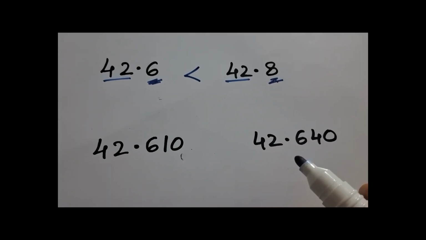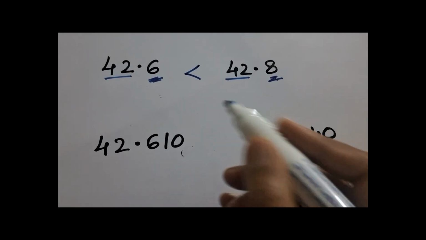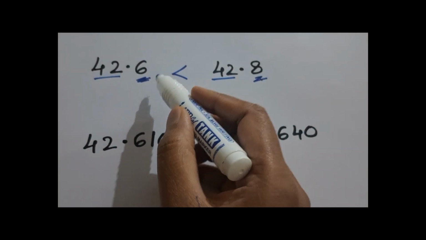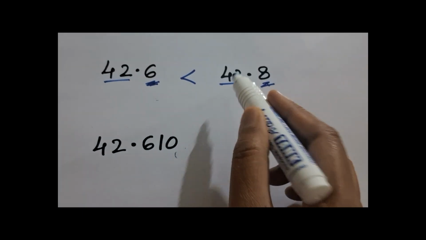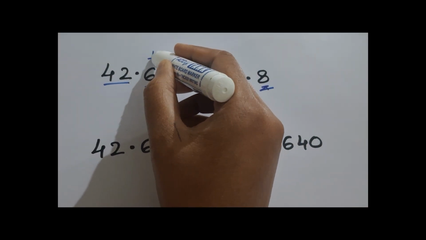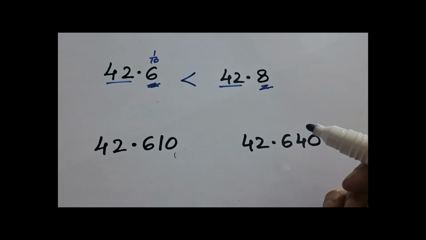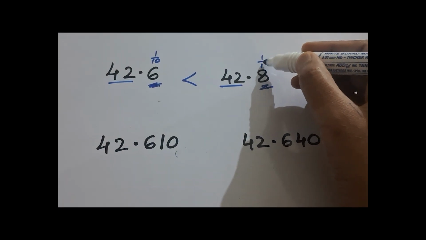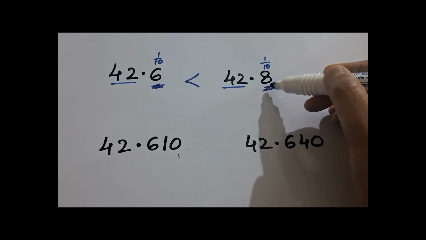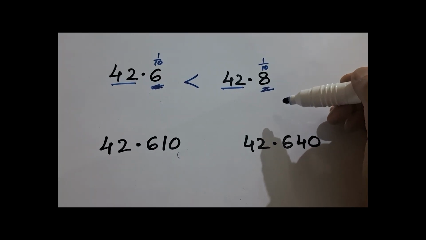Now let's take another example, children. In this previous example, if the whole numbers are the same, we have compared the one-tenth place of the decimal part, the digits which are in the tenths place.